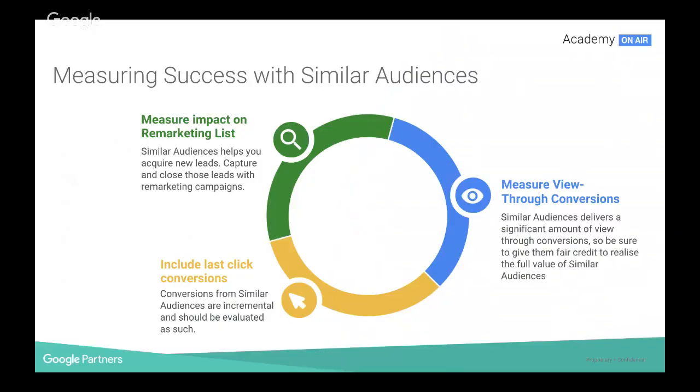So when you evaluate the performance of your similar audiences campaign, just pause for a second and make sure that you are using the right attribution model all the time. Because probably in last click attribution, if you just look at last click conversions, that similar audiences campaign will not bring conversions.